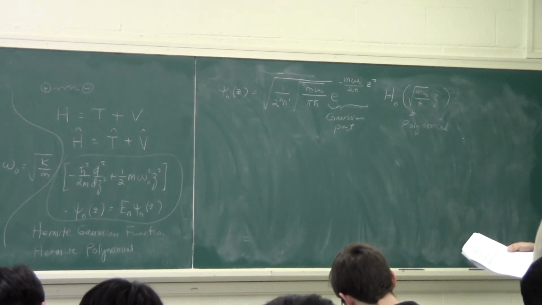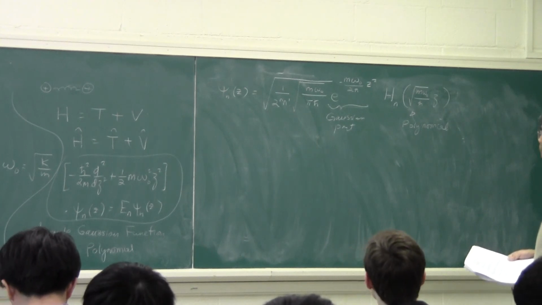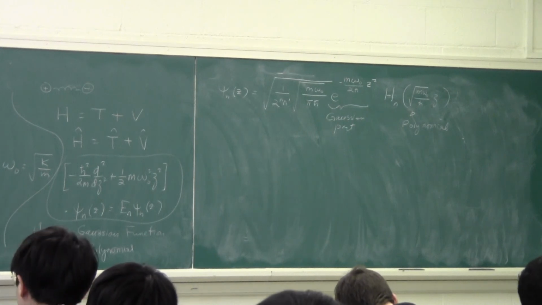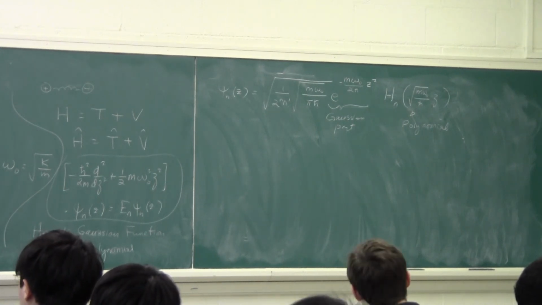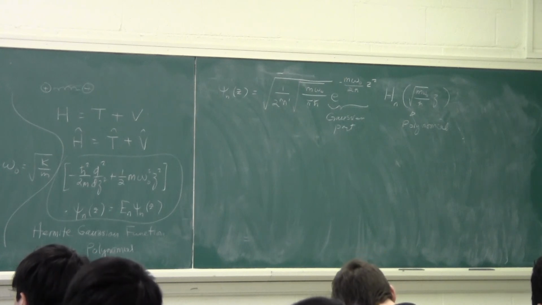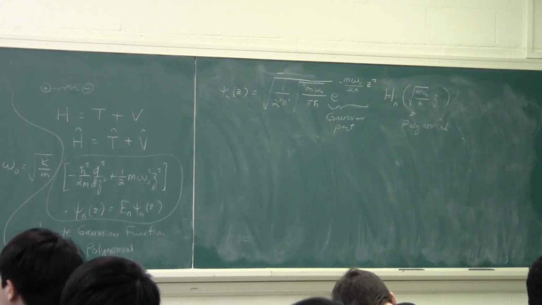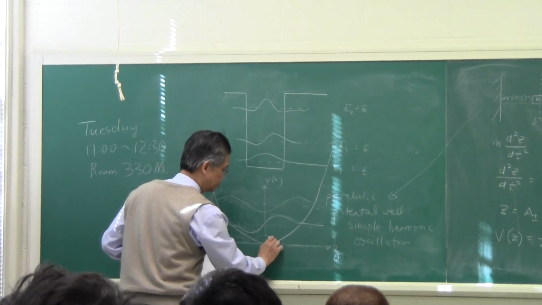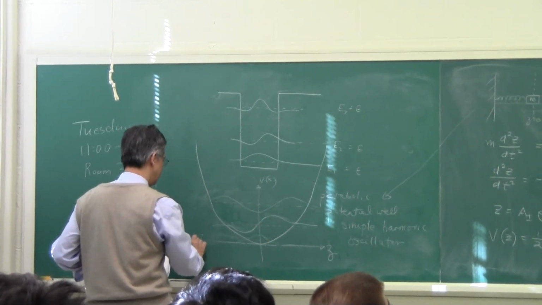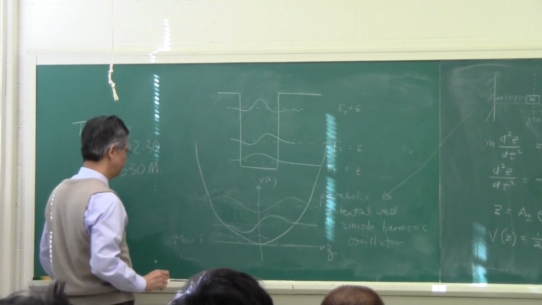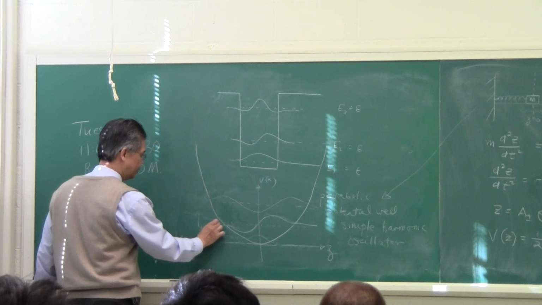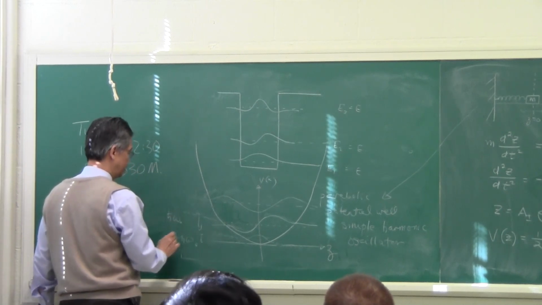And what is more wonderful about this potential well is that all the energy levels are of equal spacing. It turns out that the first one, I didn't draw it quite correctly. The first energy level is half h bar omega naught. The second one is spaced from it by h bar omega naught.